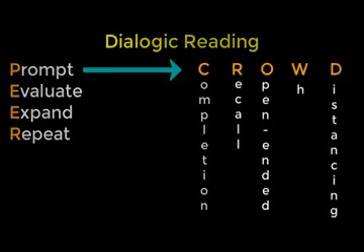The CROWD prompts are completion, recall, open-ended, WH, and distancing. Dialogic reading is a great way to encourage students to comment on the pictures of the book, use longer phrases, and learn new vocabulary. It also teaches children oral fluency and grammar structure.